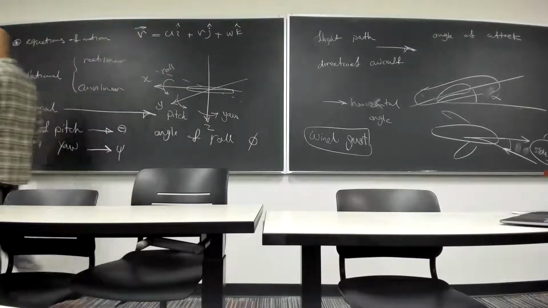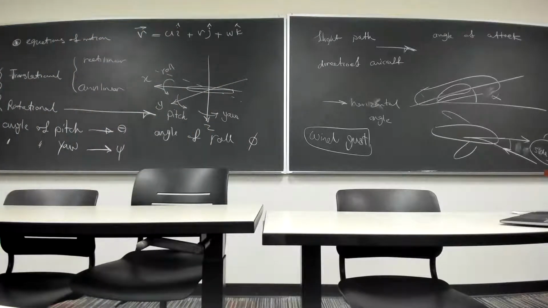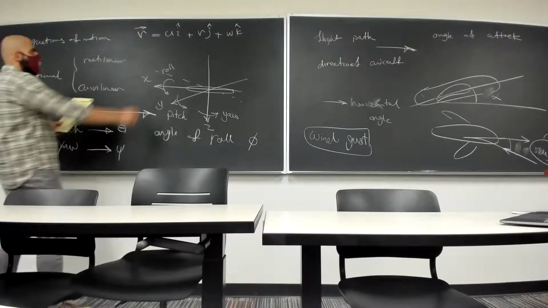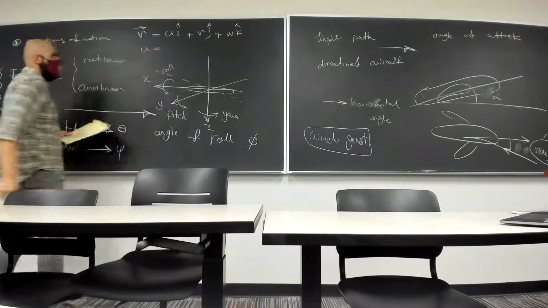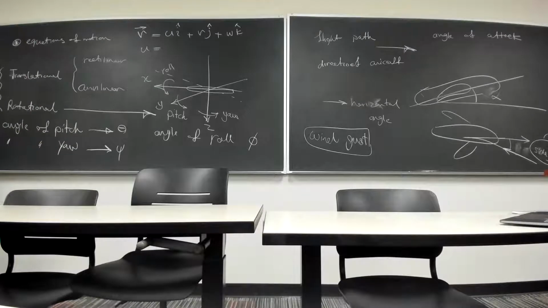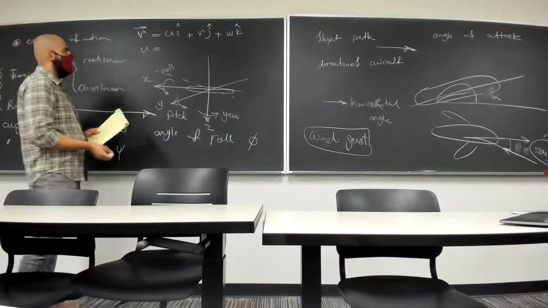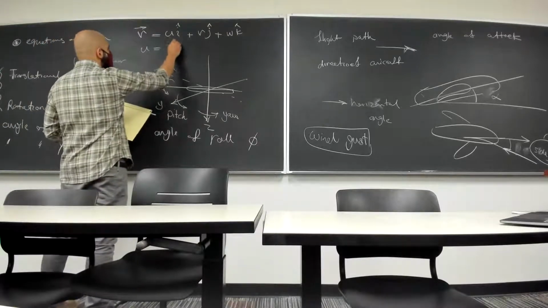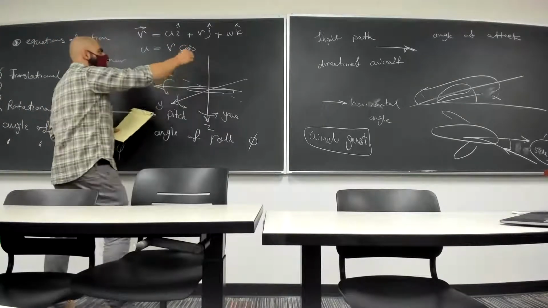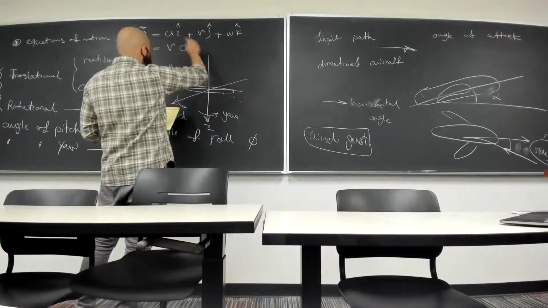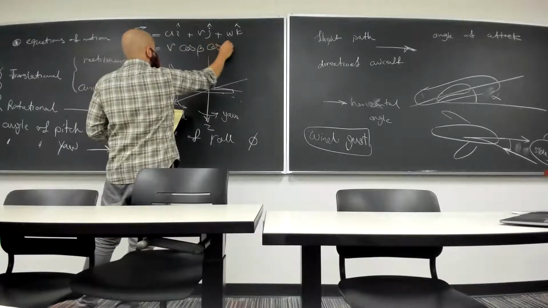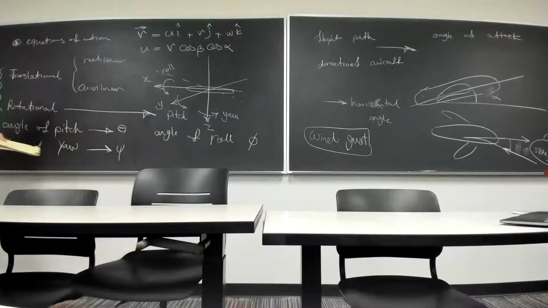The velocity vector has a component in every direction. And if you want to find the magnitude of these components, you can use the magnitude of your velocity, which is going to be V infinity for our cases, and multiply it by the cosine and sine of your angle of attack and the side slip angle.